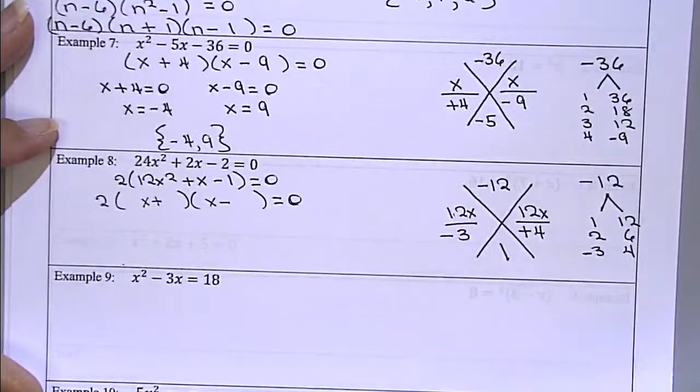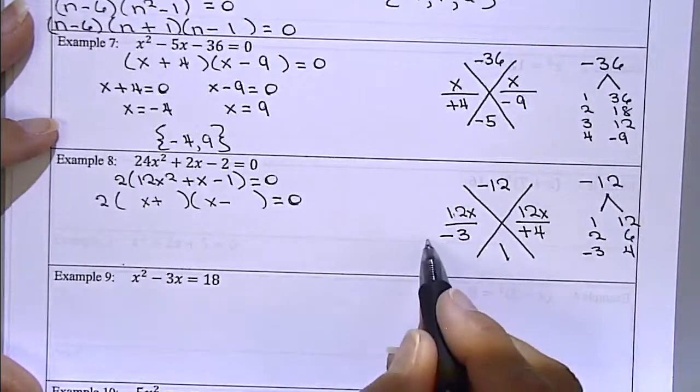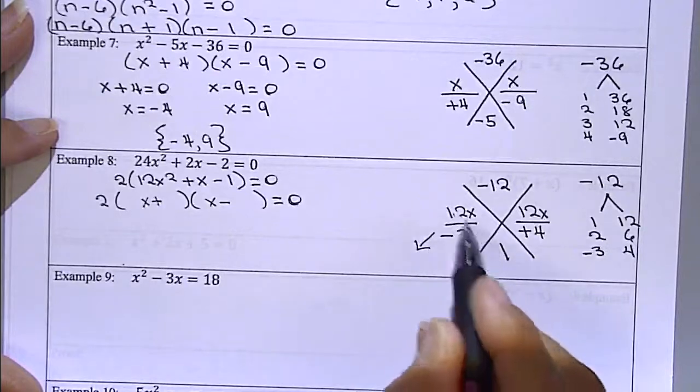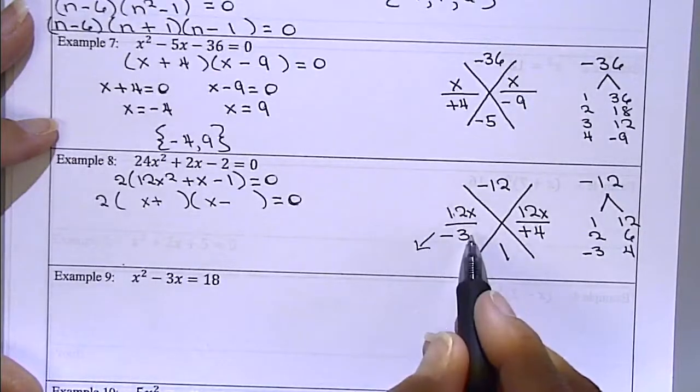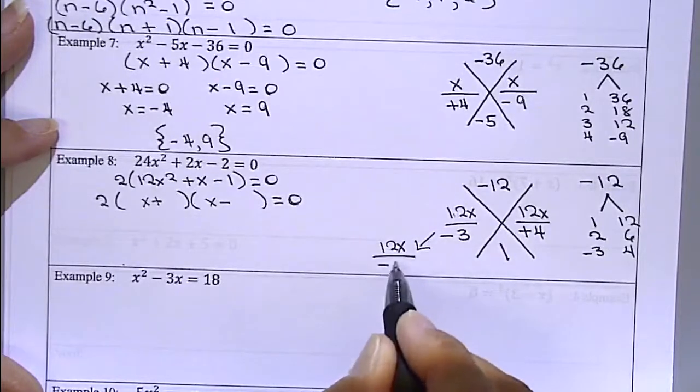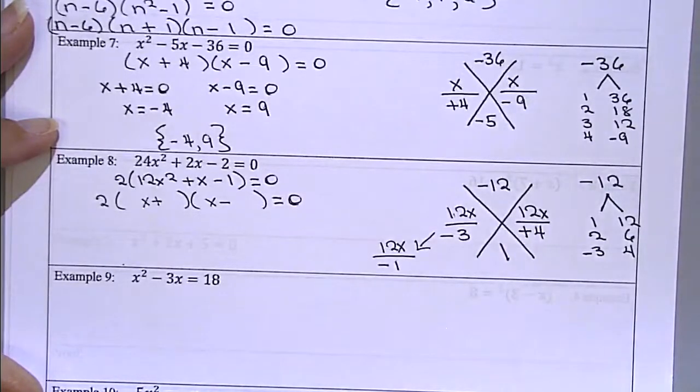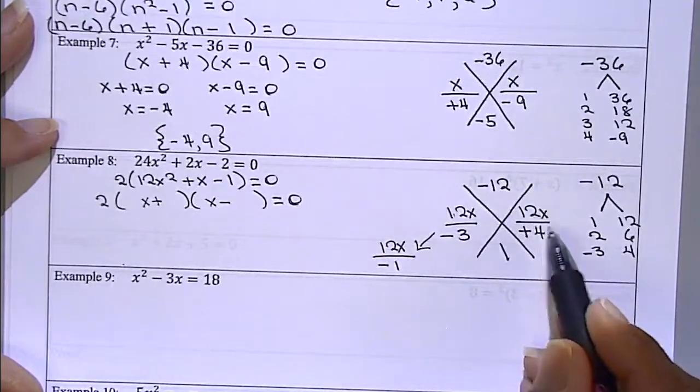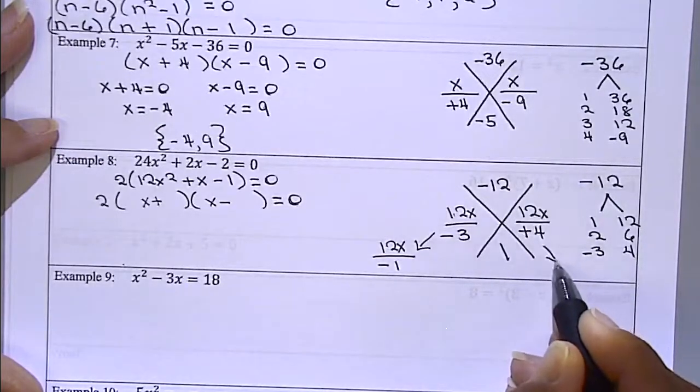And both of these things reduce, don't they? So I can divide both numerator and denominator by a 3. That would give me 12x over a negative 1, right? I can divide both of these by 4. I'm running out of room.